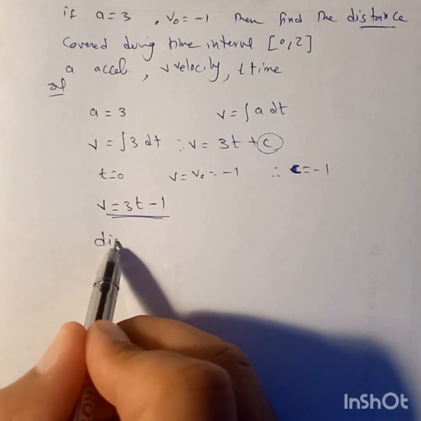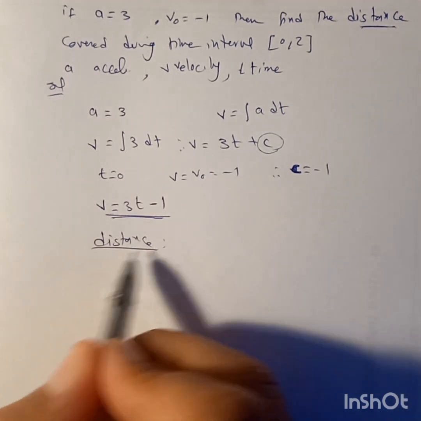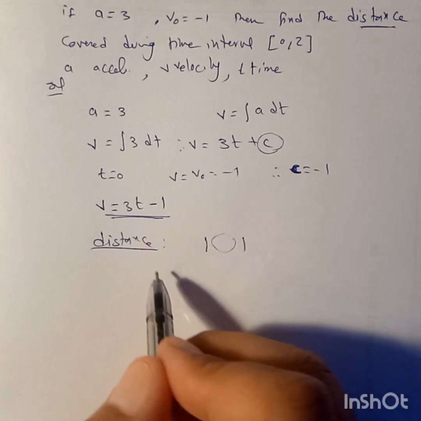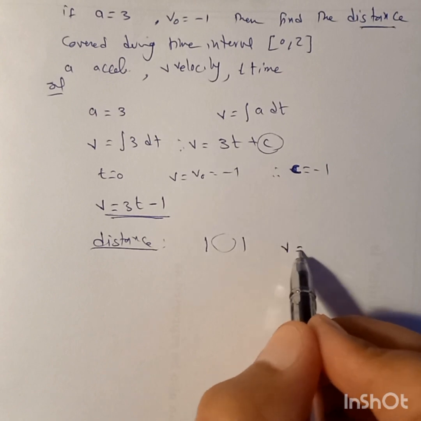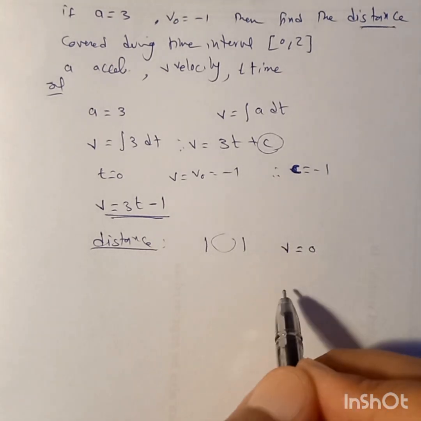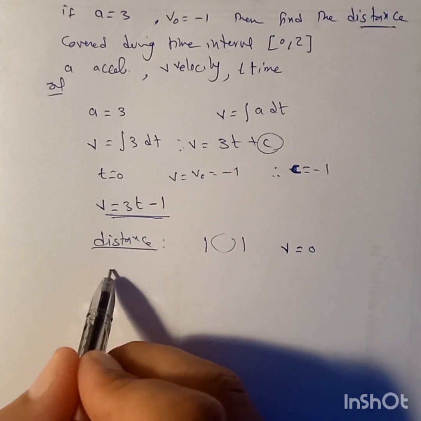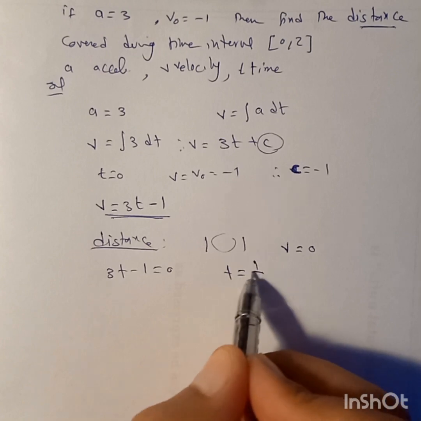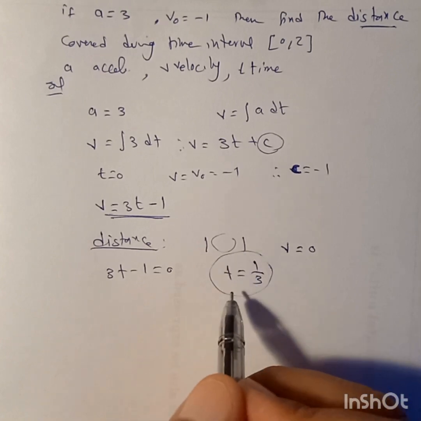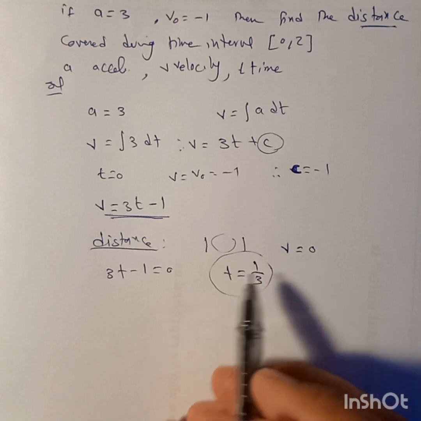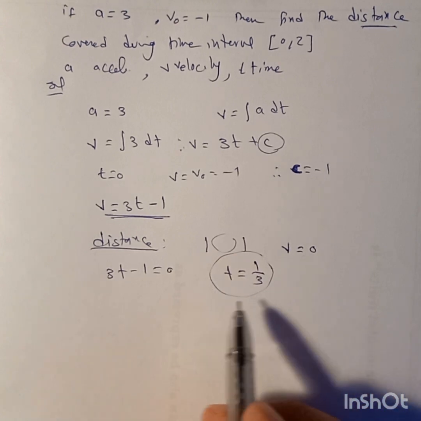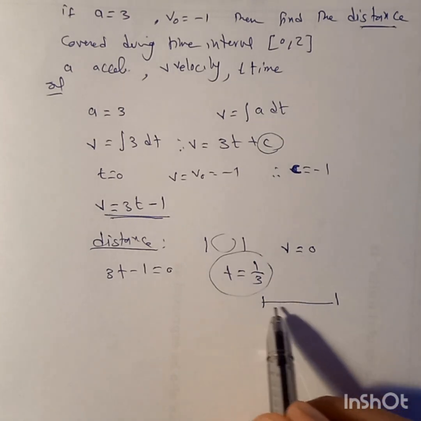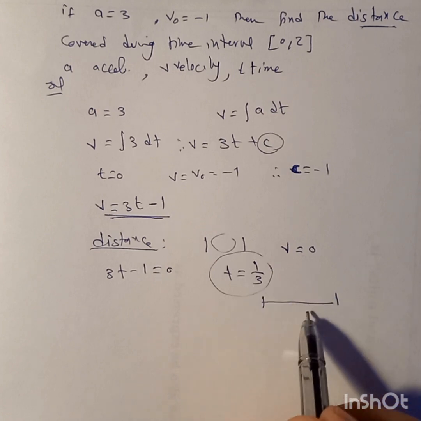To find distance, we have to use the modulus of the displacement, the distance covered, and we have to check at which time v equals 0. Here v equals 0 where 3t minus 1 equals 0, then t equals 1 over 3. At this time v equals 0 and the direction of motion of this body changes, so if this time is included in the interval, we have to divide the whole time interval into two time intervals.